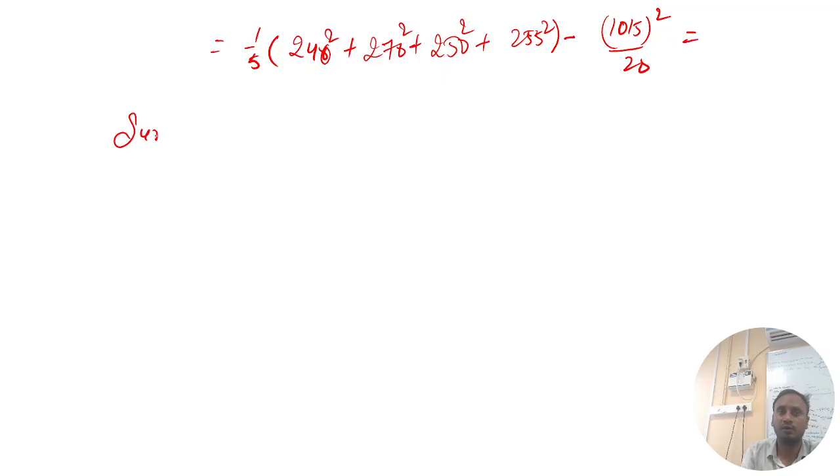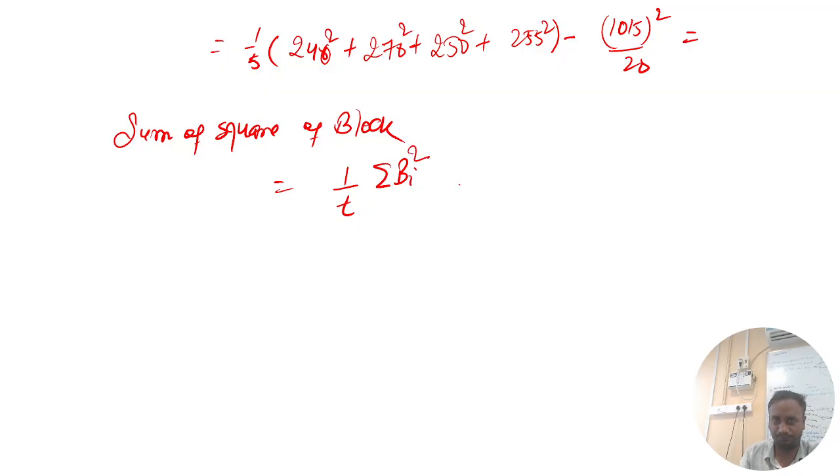Then the sum of squares of blocks: 1 by T, the summation of Bi square, minus GT square by N, with 1 by 4.